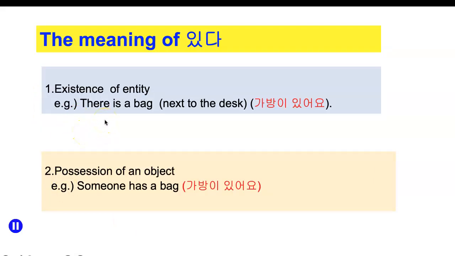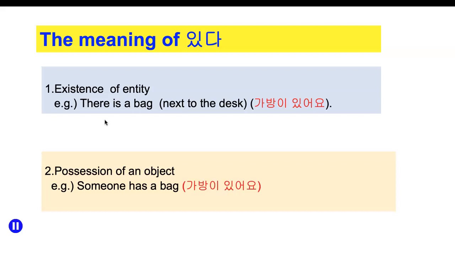있다, like I said, can be used to indicate existence of an entity or possession of an object. So, if someone says 가방이 있어요, it could have two meanings. First, it could mean there's a bag, maybe next to a desk. 가방이 있어요. 책상 옆에 있어요. Or you may omit that part. 가방이 있어요.